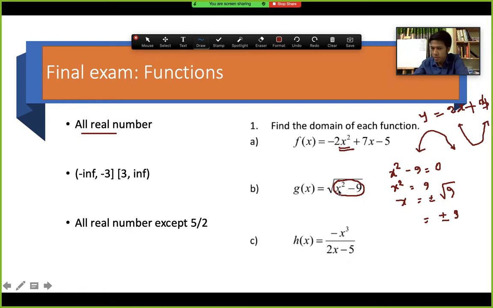Suppose if you put minus 4 here, then minus 4 whole square means again plus 4 whole square, because minus minus plus, that's why. Or minus 5 also works. If you put here minus 5, you will get some answer in the calculator. Which means that any value after plus 3, and any value before minus 3 is correct for this function. That's why from plus 3 to infinity, and from minus 3 to minus infinity is the domain of this function.